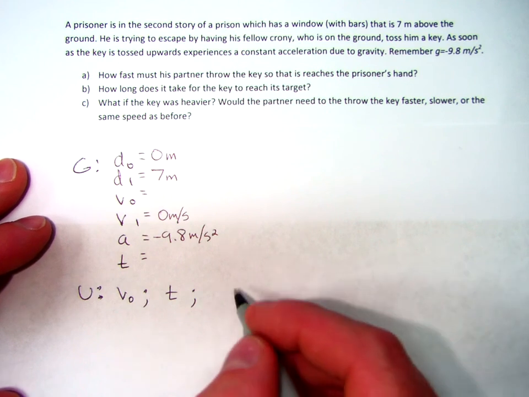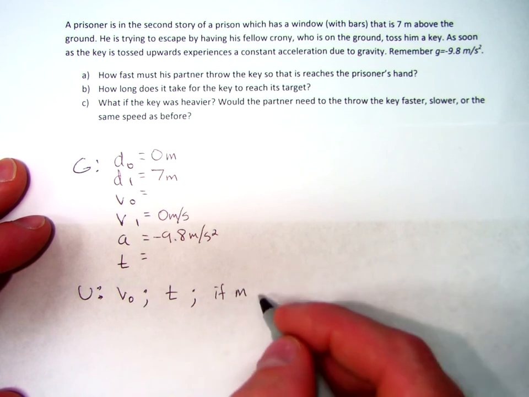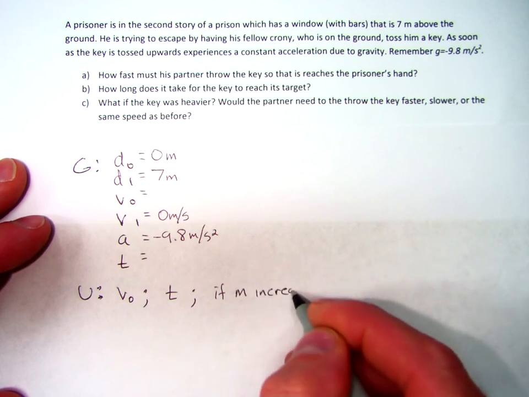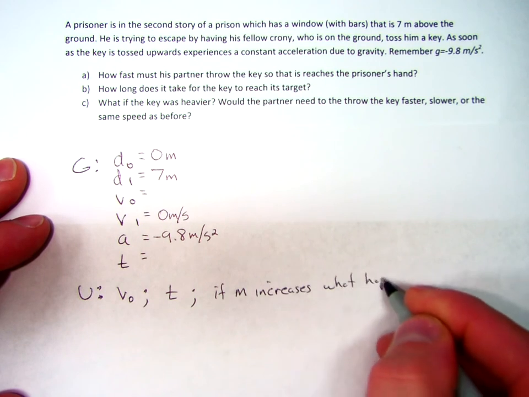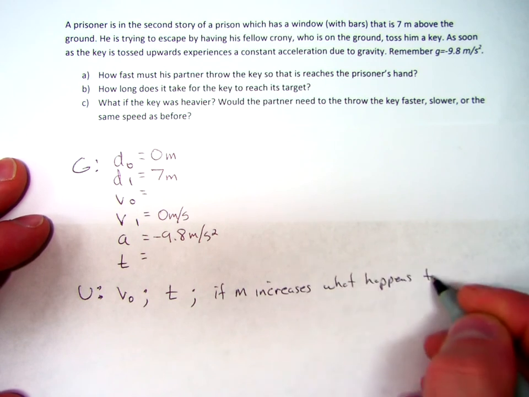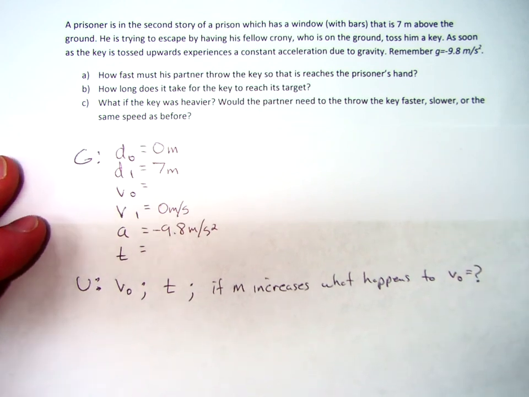So we can say something like, if m increases, what happens to V0? Okay, so that's just a conceptual question.